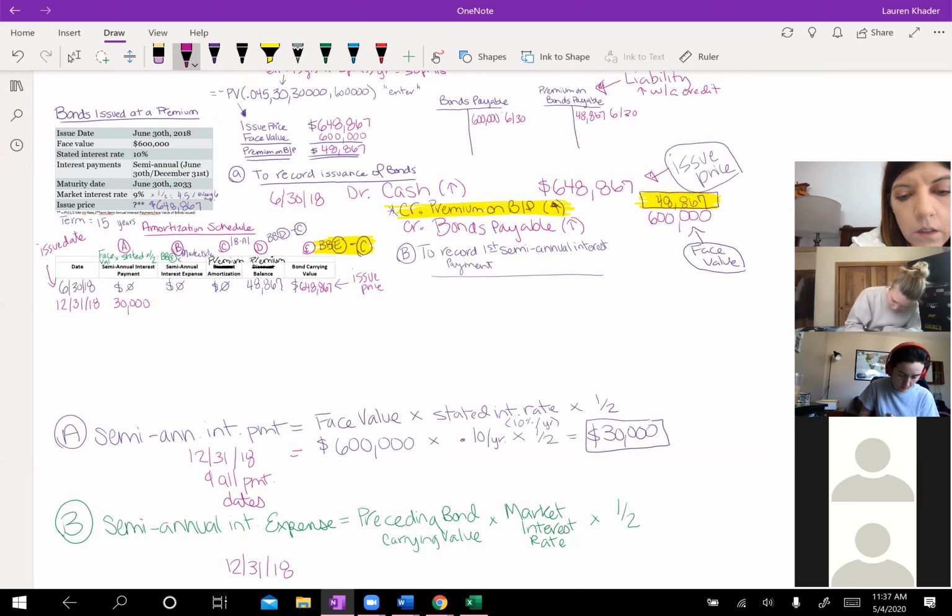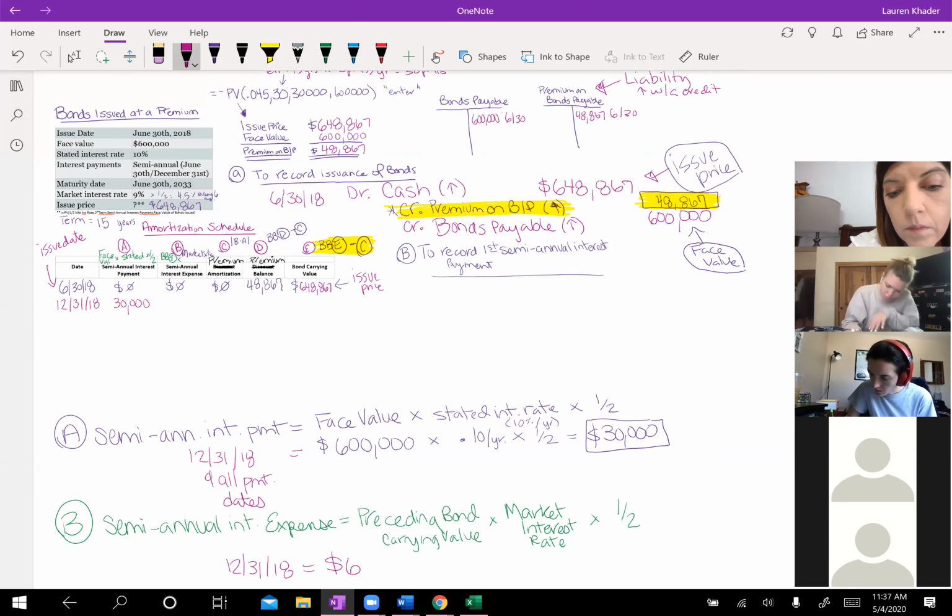For the semi-annual interest expense, we need to calculate it. 12/31/18 expense. What is the preceding bond carrying value? $648,867. Correct.